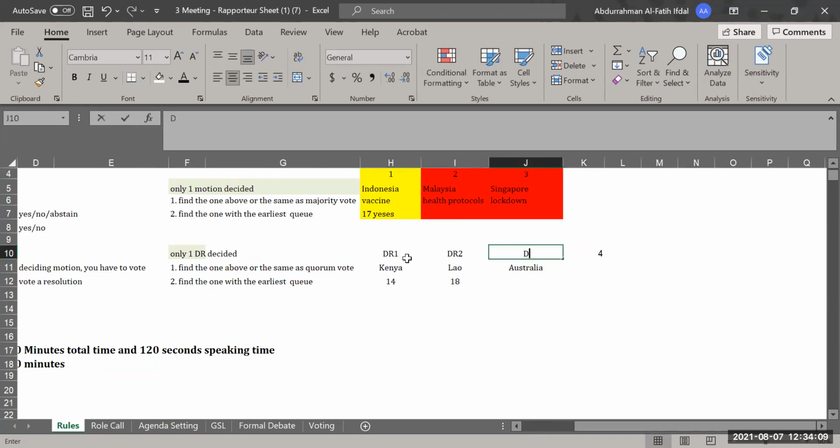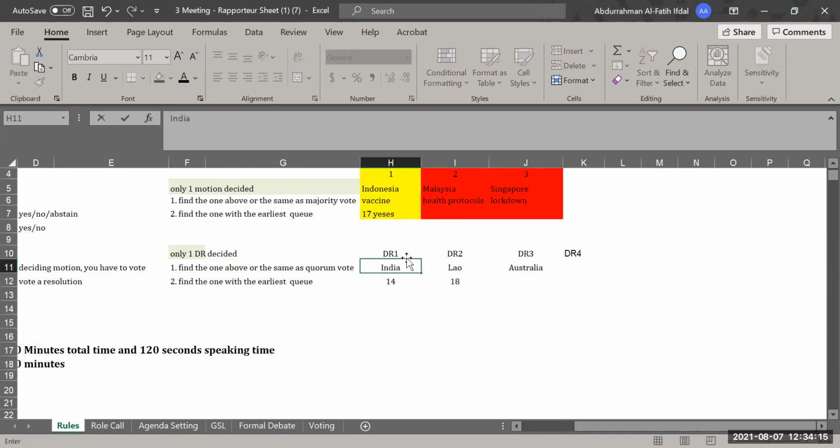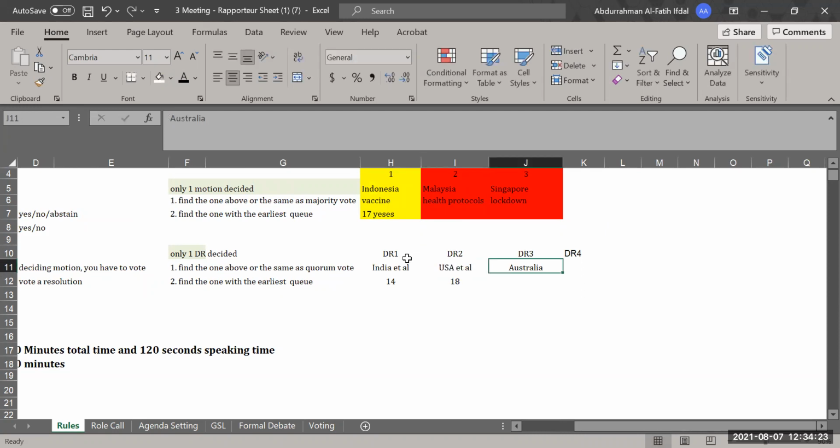DR1, DR2, DR3, DR4. DR1 is proposed by India and others, and then USA and others. DR3 is submitted by China and others. The last one is submitted by UK and others.